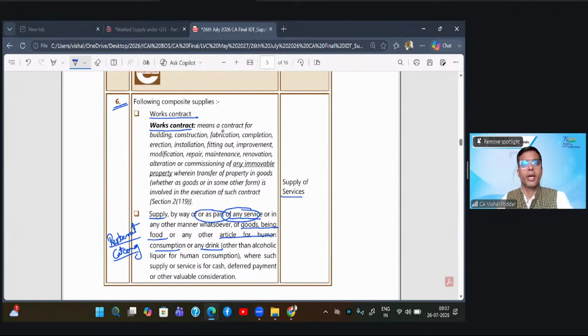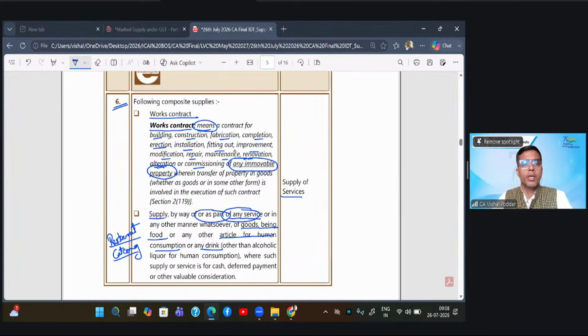They define works contract to mean, again, it is not inclusive, it is a meaning definition: a contract for building, construction, fabrication, completion, erection, installing, fitting out, improvement, modification, repair, etc. So 14 acts are to be given, and these 14 acts are in relation to an immovable property.